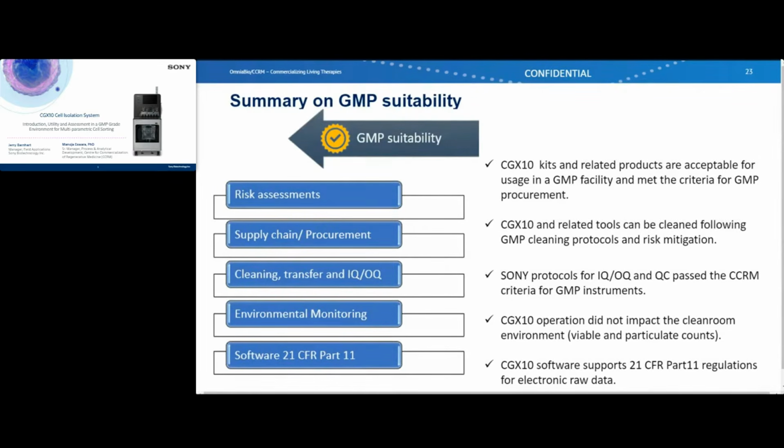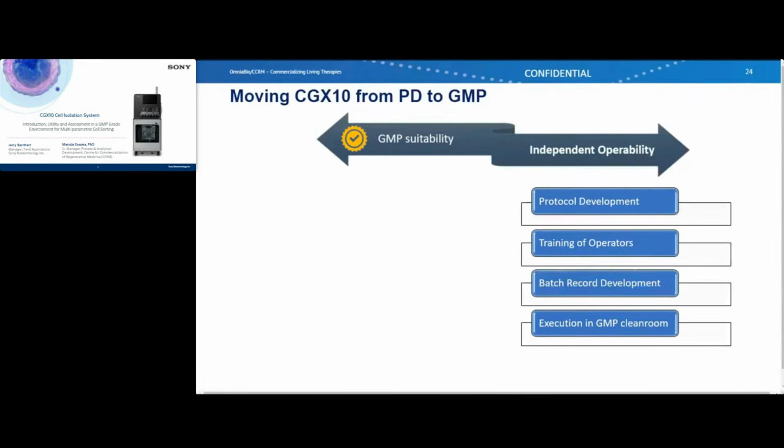Sony protocols for IQ and OQ passed the CCRM criteria for GMP instruments. CGX10 operation did not impact the cleanroom environment. And finally, CGX10 software supports 21 CFR Part 11 regulations for electronic raw data. In the next part, I will present on the assessment of independent operability of CGX10 in GMP cleanroom.